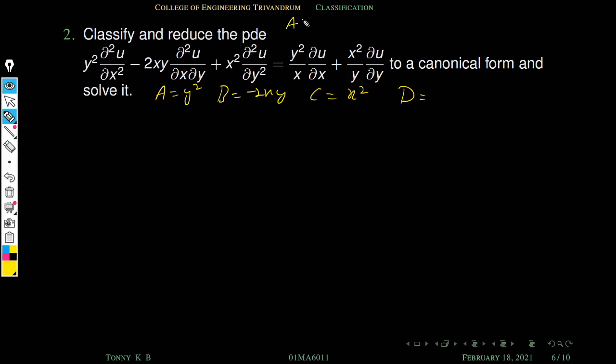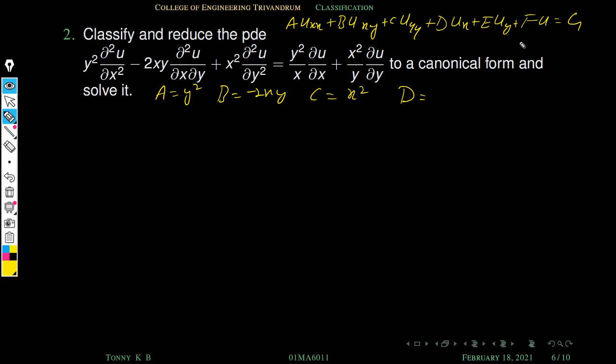The standard form is A uxx plus B uxy plus C uyy plus D ux plus E uy plus F u equal to g. Yes, this is the standard form. F is for u alone.